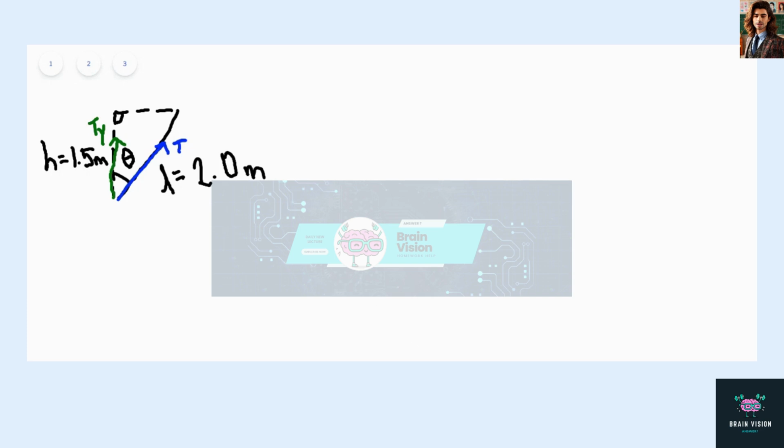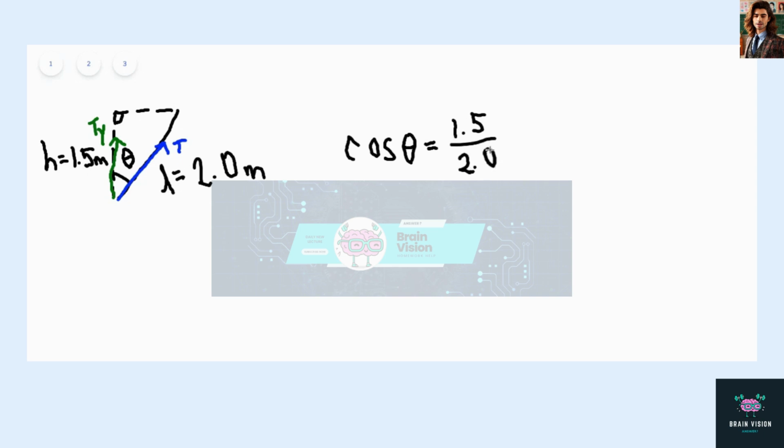If we set up a trigonometric relationship between the hypotenuse and the vertical side of that triangle that I've drawn, we'll use the cosine function, where cosine of the angle theta is equal to the adjacent side, 1.5, divided by the length of the hypotenuse, which is 2.0.